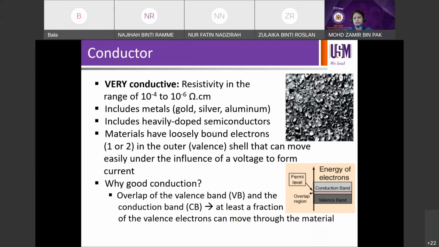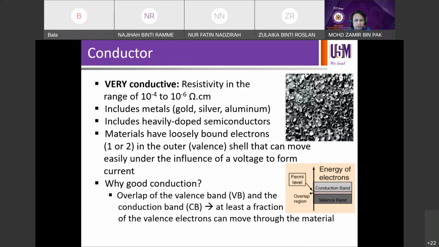So on the other hand, if you look at conductors, they are very conductive, and therefore they're called conductors. Resistivity in the range of 10 to the minus 4 to 10 to the minus 6 ohm cm, typically. And they include metals, for example, gold, silver, aluminium.